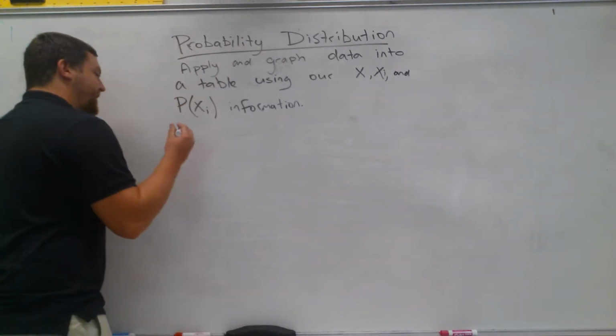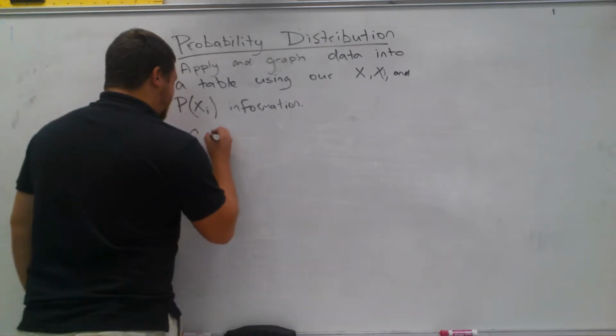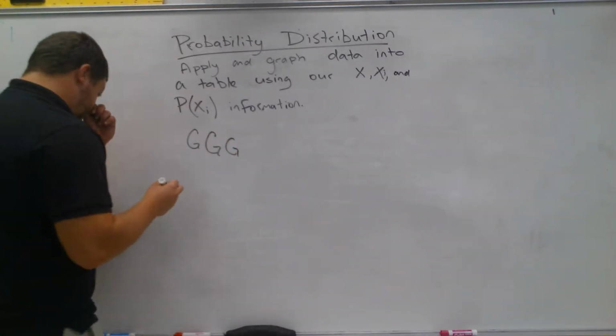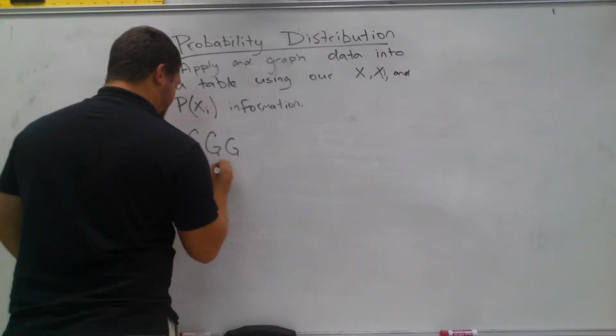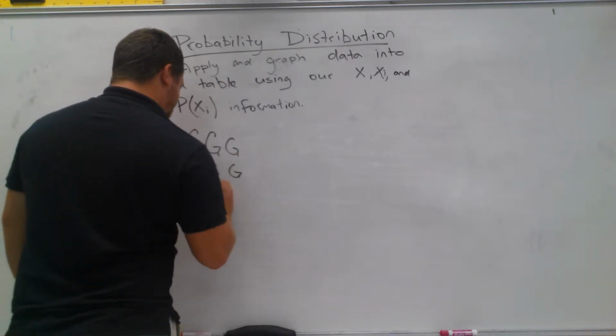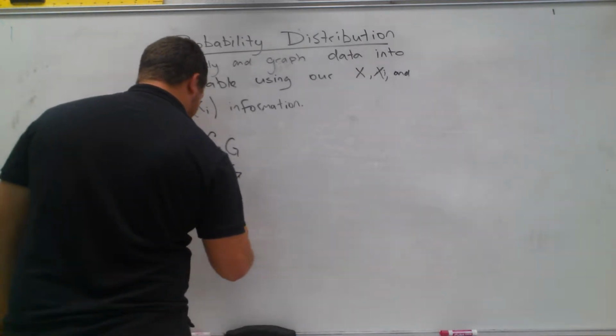So we have someone who gets really unlucky and has 3 girls: girl, girl, girl. Then you could have girl, boy, girl. You could have girl, girl, boy. You could have boy, girl, girl.